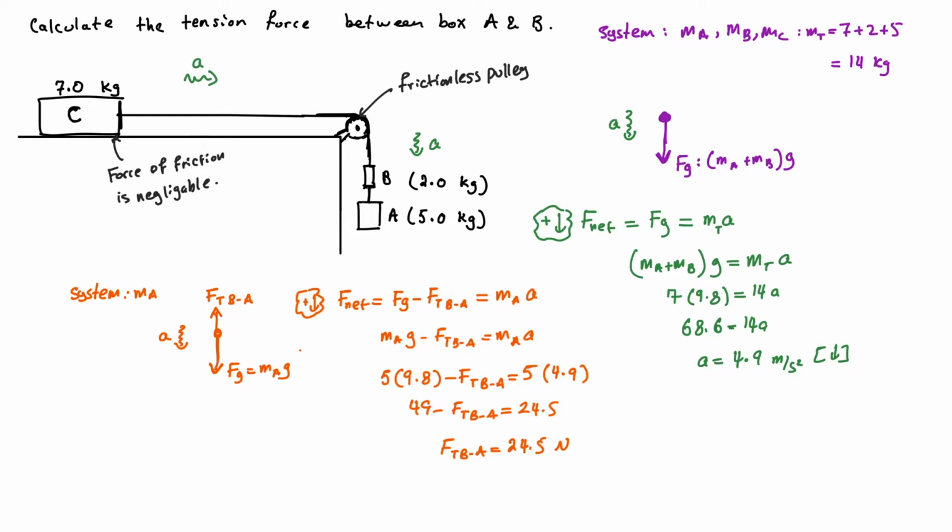Based on the numbers that I've been given, they're all given to me as two significant figures, so my final answer is only accurate to two significant figures, and therefore the force of tension between B and A is approximately 25 newtons to the correct number of significant figures.